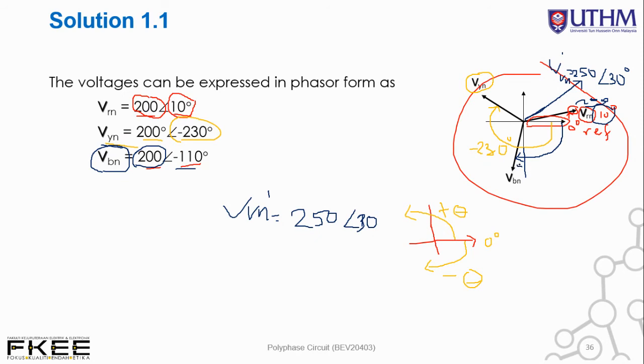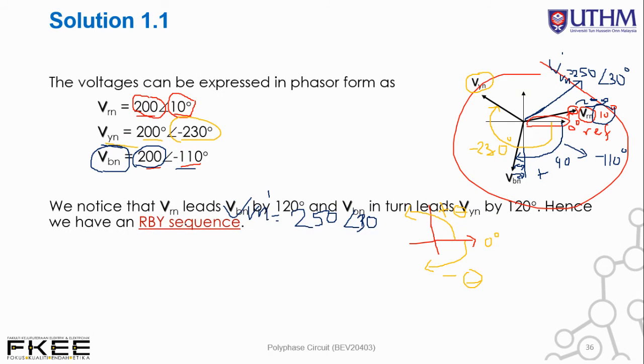So this is 20 negative, or just simply 20. This is 90. So you plus 20 and 90, you get minus 110. So that means this is actually minus 110 degree.